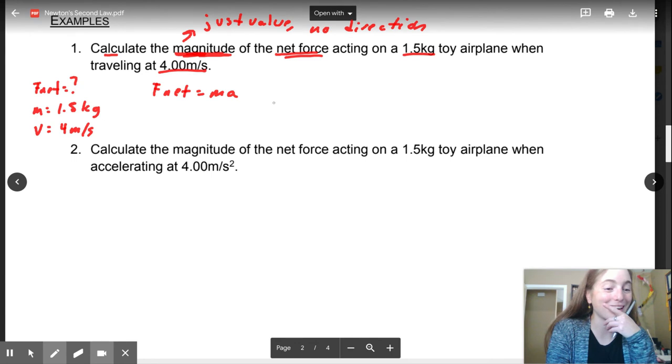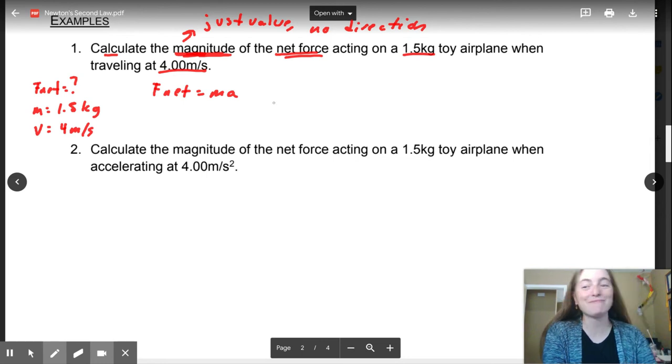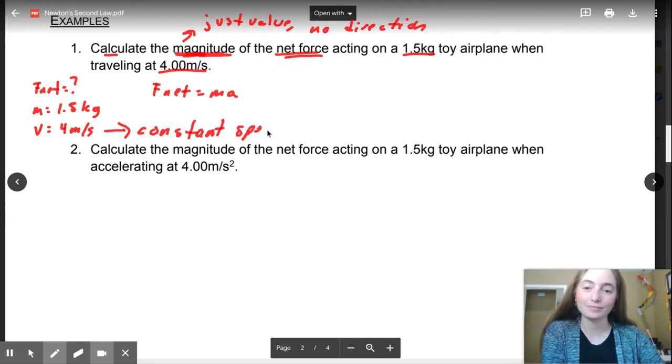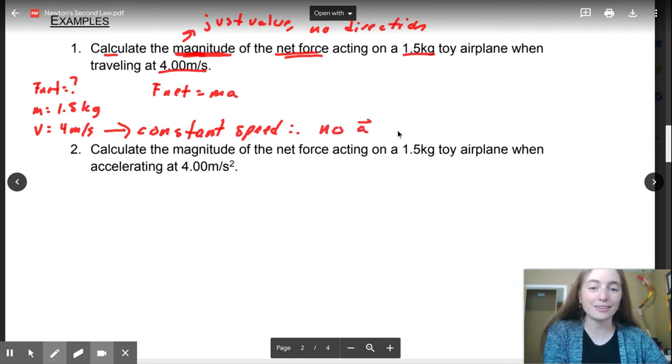What's the catch with this question? Have you guys found it? There is no acceleration. This is constant speed. It's not changing. Therefore, there is going to be no acceleration.